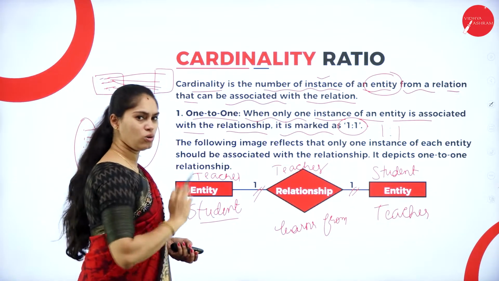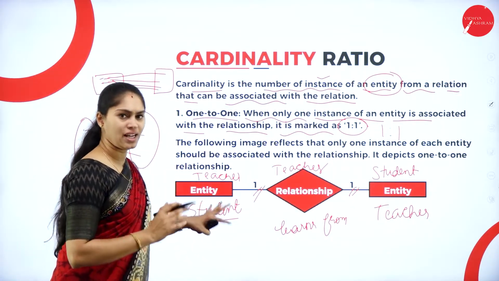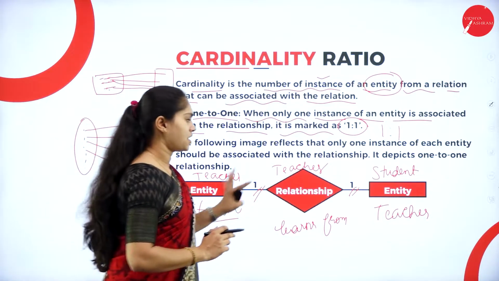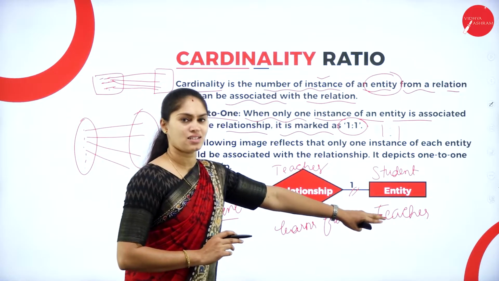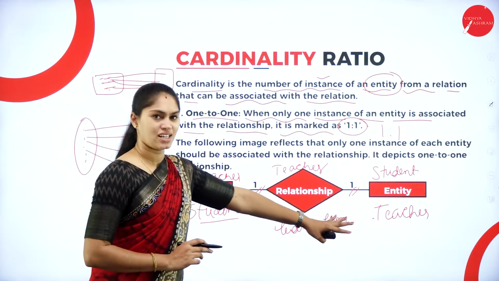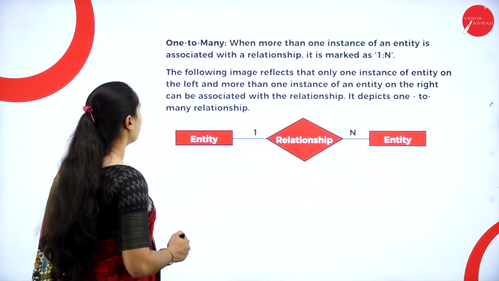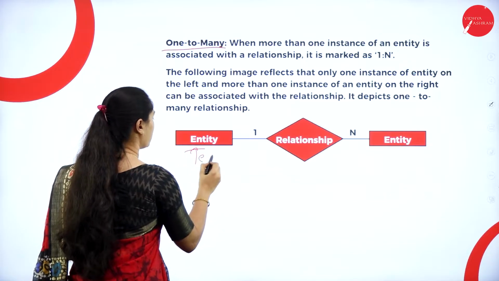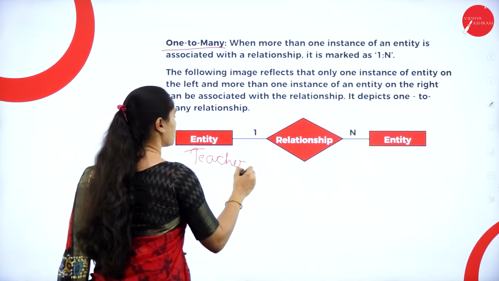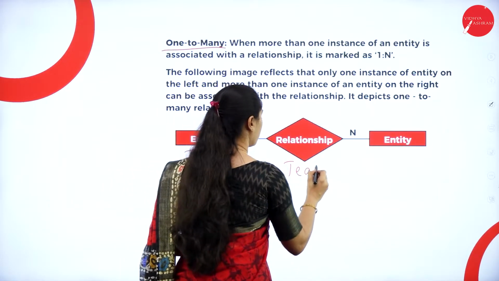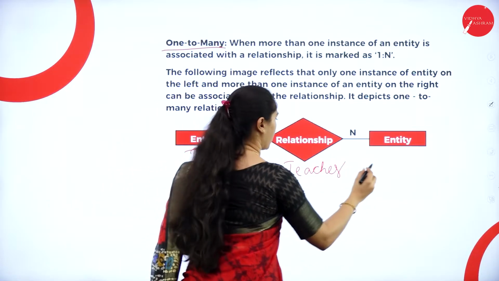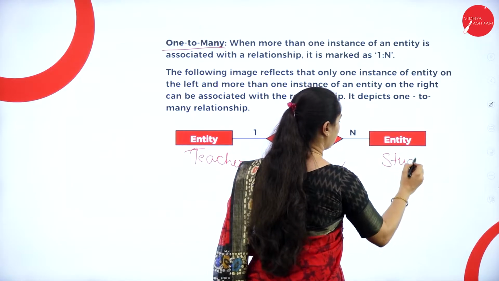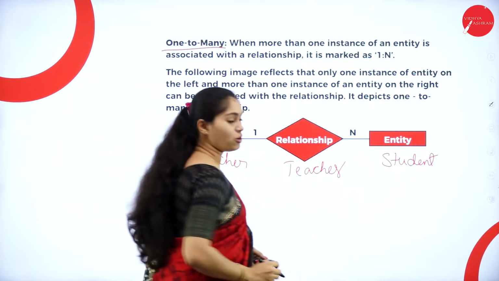That is 1-to-1. So when only one instance of this entity is related to this entity, it will be considered as what? A 1-to-1 relationship. In the same way, we have one-to-many. So one teacher is going to teach many students at a time. That will be the example for 1-to-many.